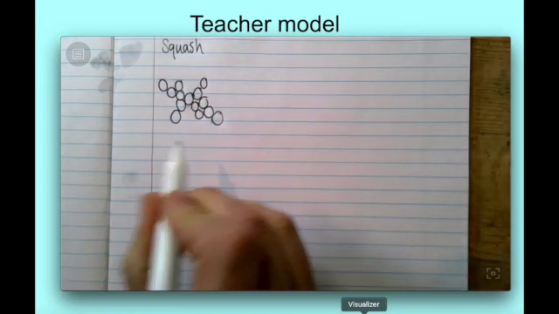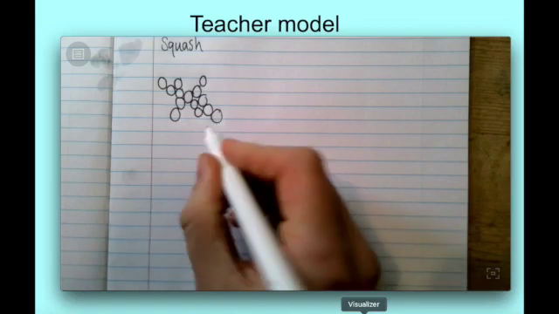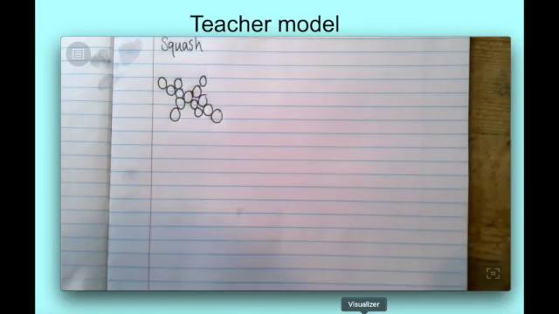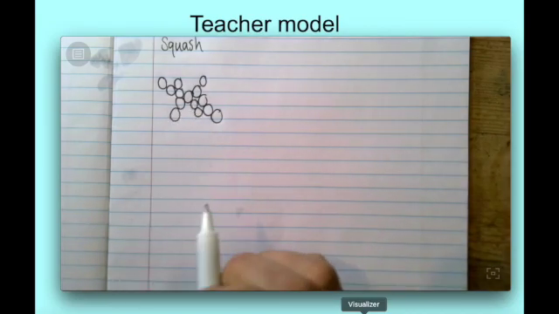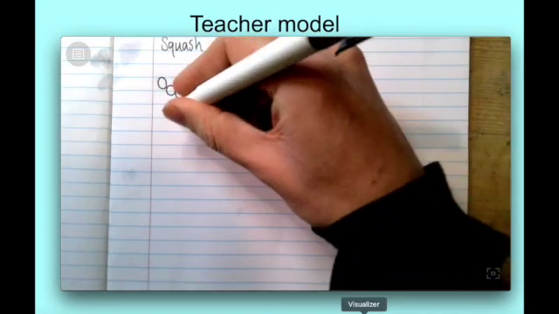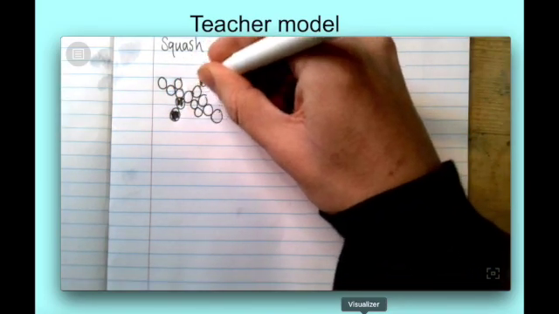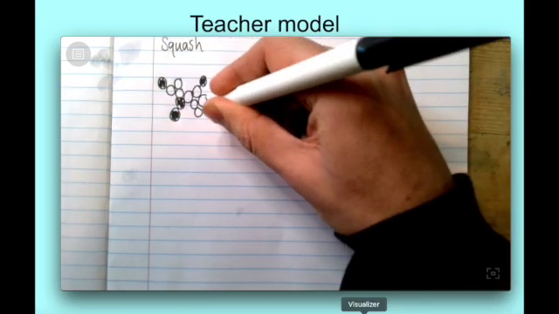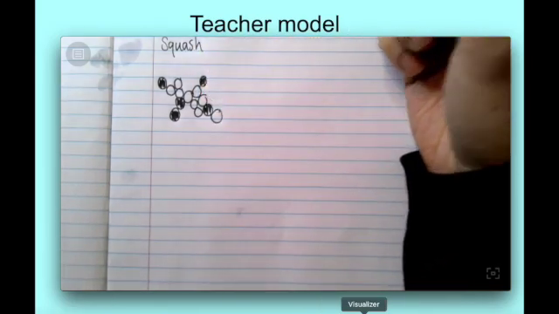How do I know that it's squash and not a pure substance though? Because if it was just water, I would just be leaving them all the same colour, but we know it's squash. So there are two types of particles. There's sugar particles and there are water particles. So I need to colour some of my particles in, as many as I want to, just to represent that it is a mixture.